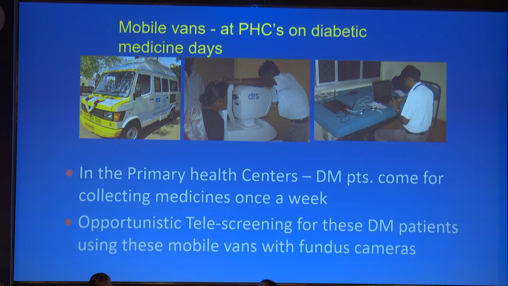The primary health medical officer will not dispense the medicine unless the patient has had his fundus photo or DR screen. So this way we are ensuring that every patient gets the DR screening done.